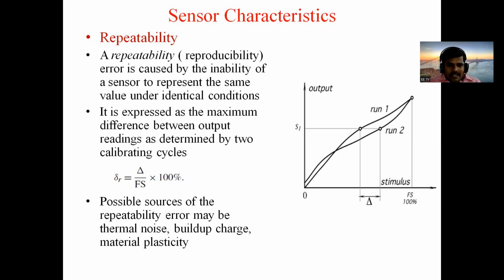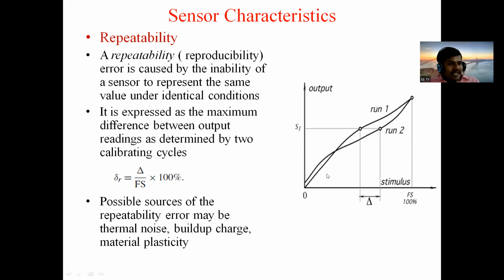If the curve starts from zero value, then at that value of stimulus this is the output. Suppose S1 is the output at the first stimulus. Again we increase the stimulus, and when reverting back, it will give the same output. So this is nothing but reproduction, or repeatability.